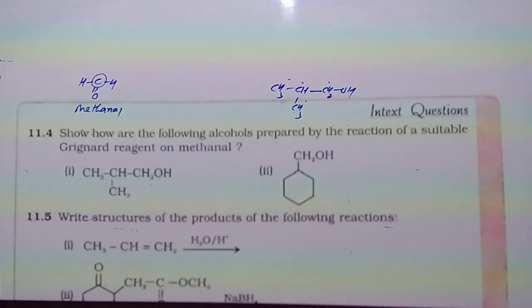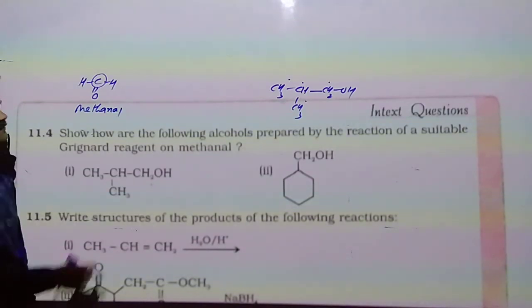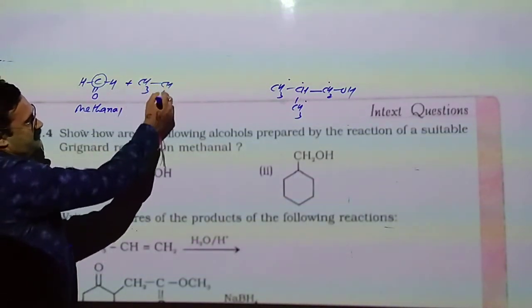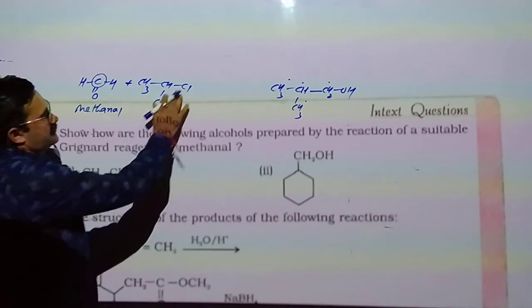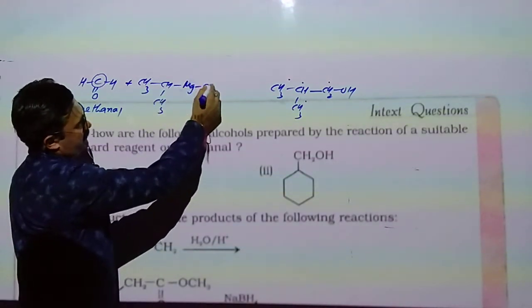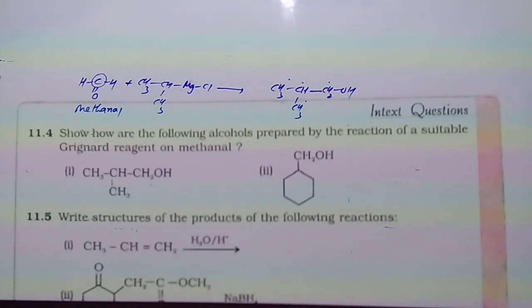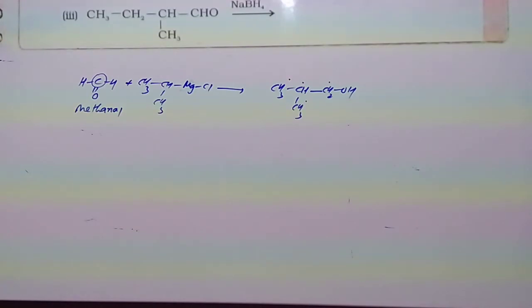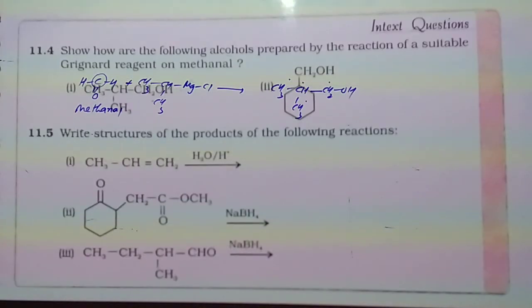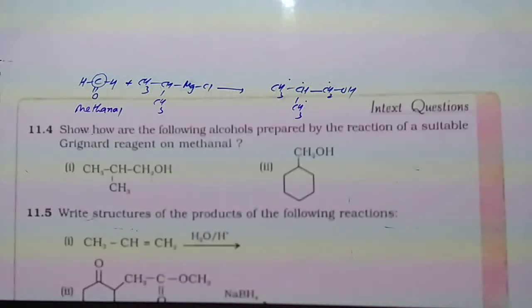Yes, we have to take a Grignard reagent having 3 carbons. Let us assume, suppose, isopropyl magnesium chloride. When we take isopropyl magnesium chloride, so what happens there?